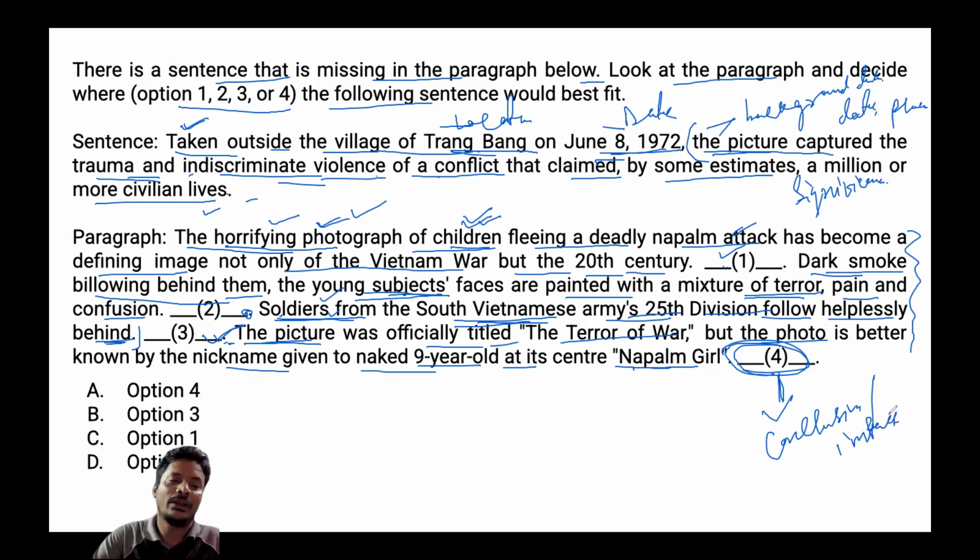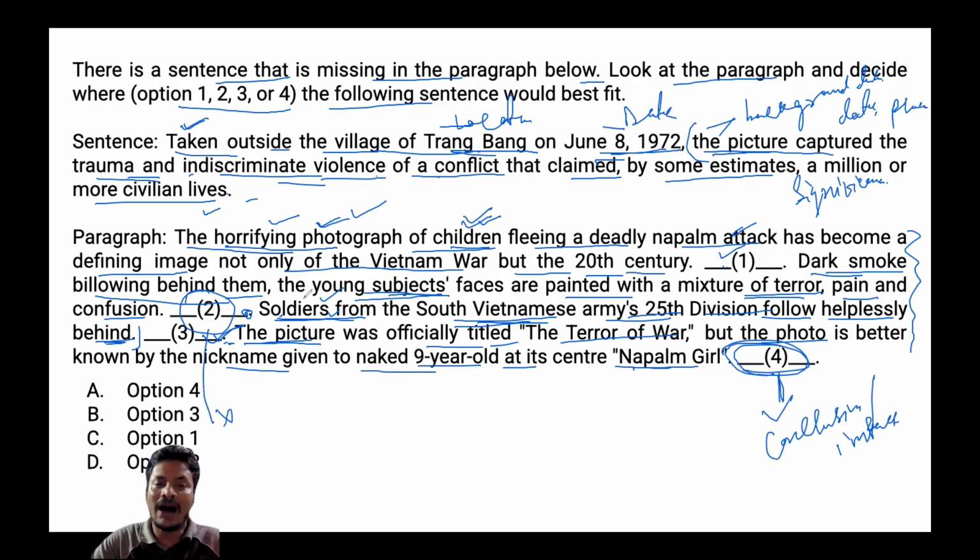Then, if we talk about whether it can come in the middle where the visual description is happening, that is blank 2, which indicates visual description that needs descriptive lines, not background history. So therefore, this is also not so.